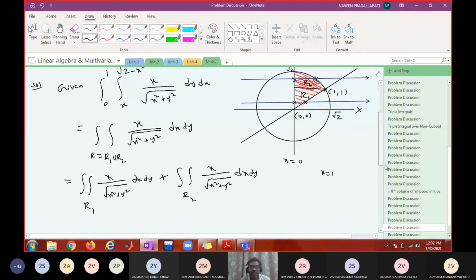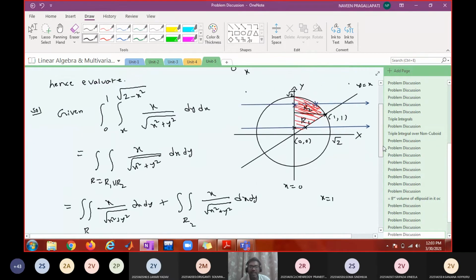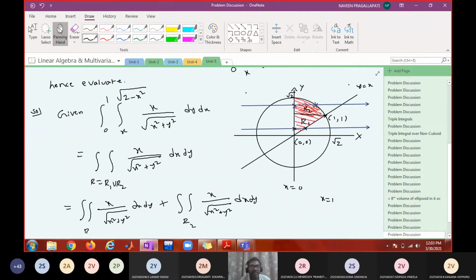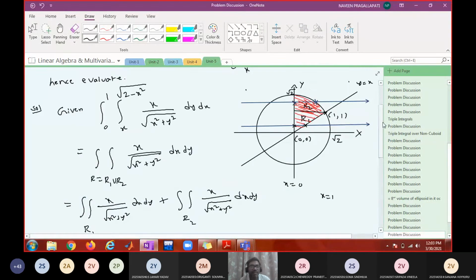Now write down the limits of integration. For the first region, what are the limits of integration? X is starting from the y-axis. On the y-axis, x value is 0. And it is leaving through the line. When it is leaving through the line, what is the value of x on the line?